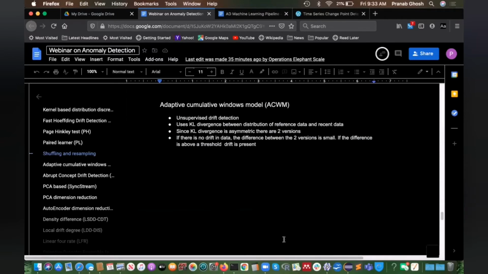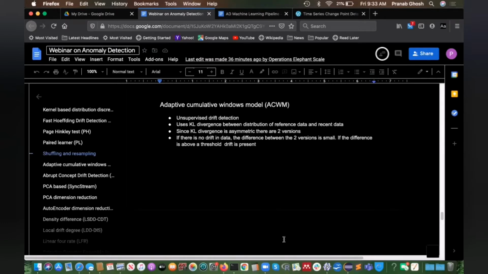Adaptive cumulative windows model. This is for unsupervised drift detection. This one is interesting. Like I mentioned before, KL divergence is basically asymmetric. When you calculate KL divergence, you can calculate two values from two different distributions.